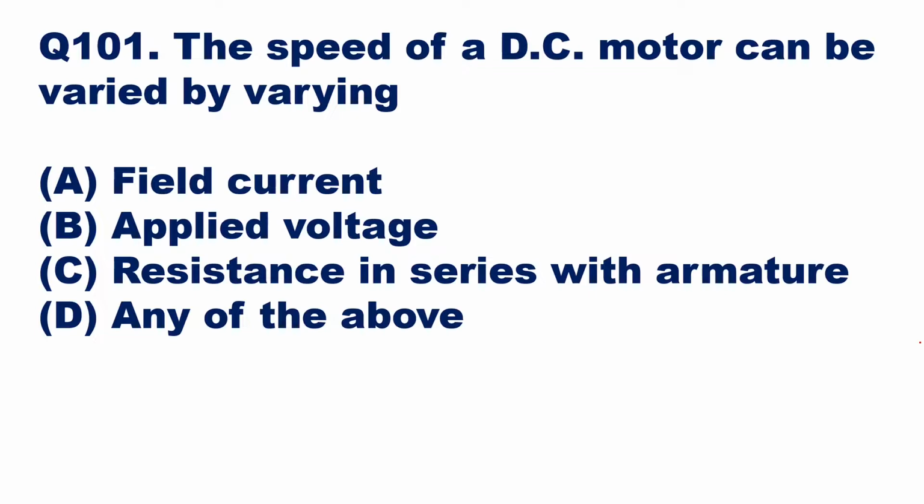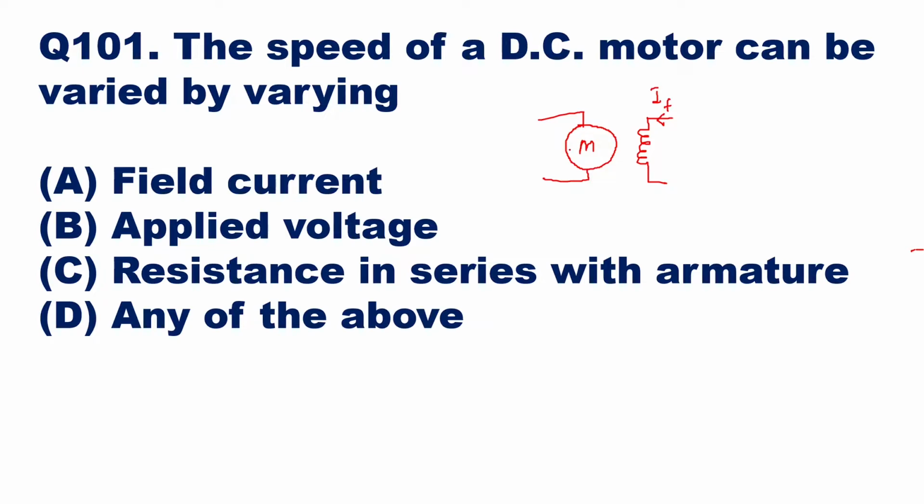Question number 101. The speed of a DC motor can be varied by. If you remember the DC motor, it has two windings, shown as armature and field windings. Armature has to be given a voltage, and the field also has to be given a supply where the field current will flow.